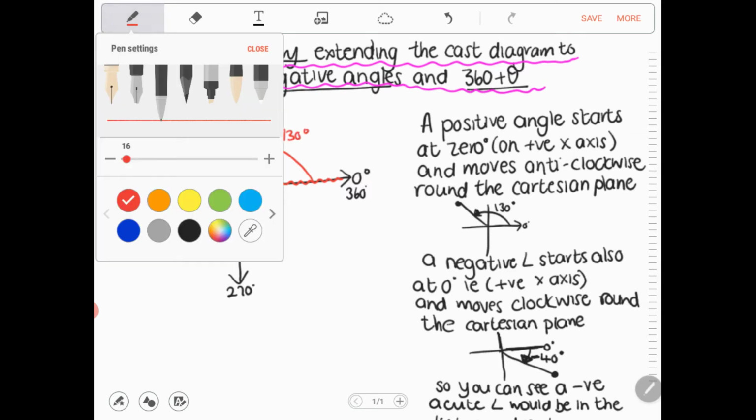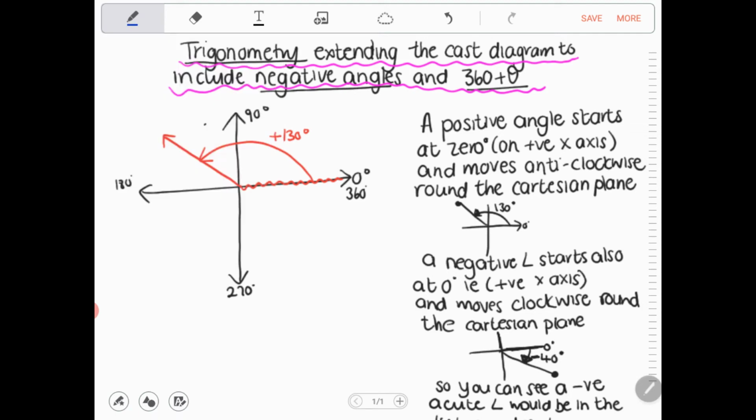A negative angle also starts on the positive x-axis at 0, but this one moves clockwise around the CAST diagram. So if you had a negative acute angle, say like negative 40, that would be in this fourth quadrant.